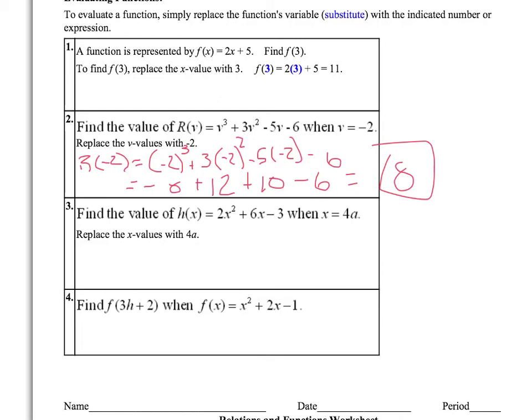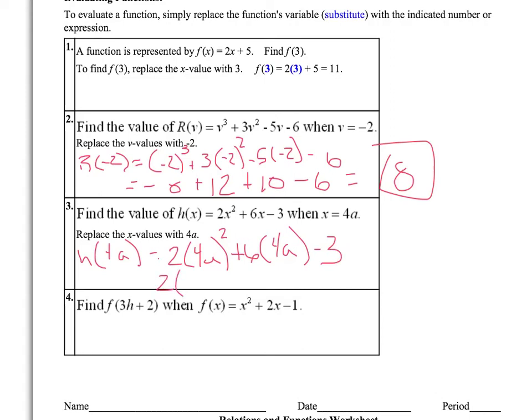For number 3, find the values of h of x when x is equal to 4a. What you're going to do is replace the x's with a 4a. So it's going to be h of 4a equals 2 times 4a squared plus 6 times 4a minus 3.